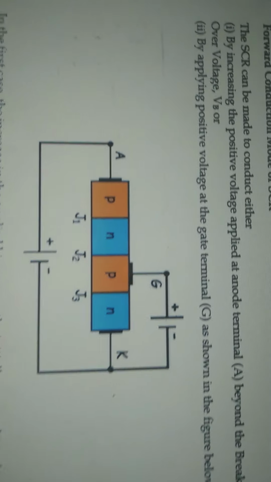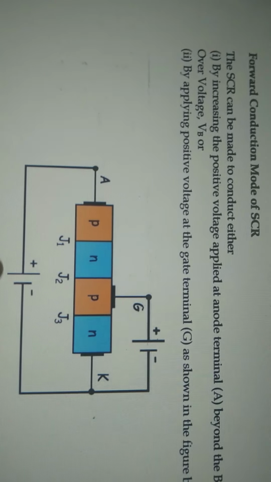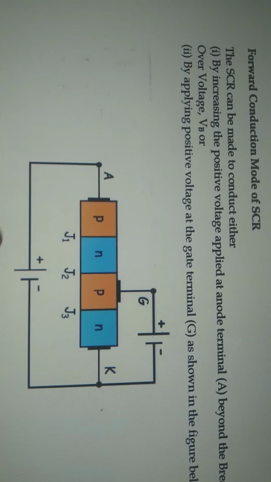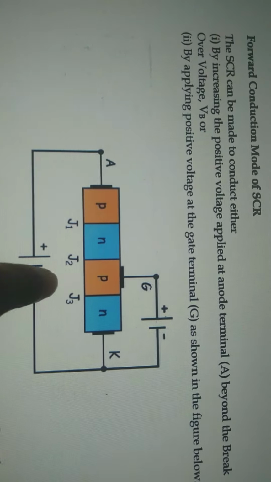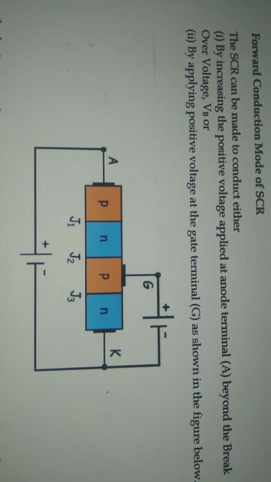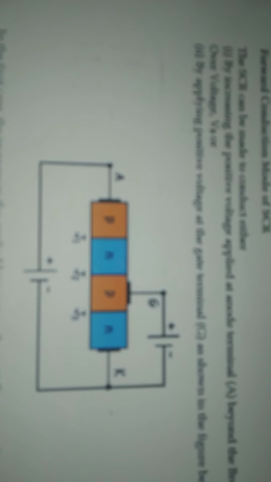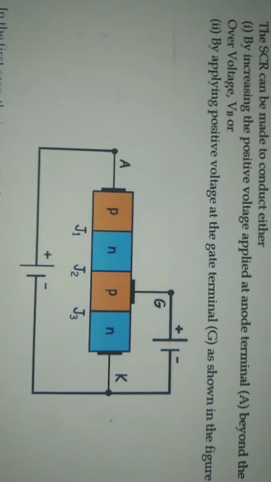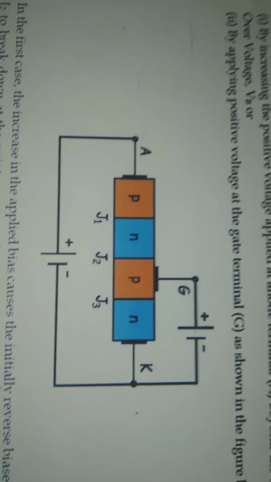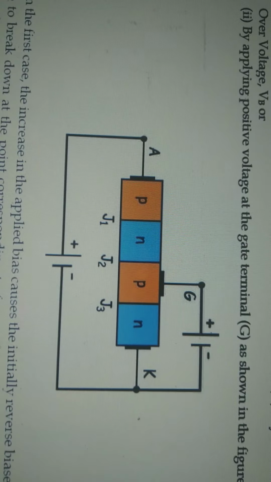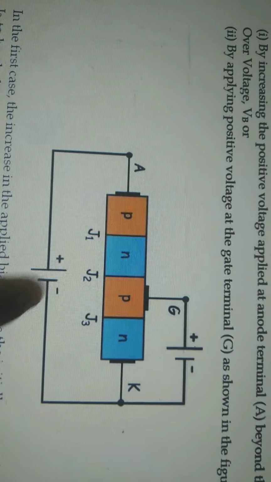Then what we are doing here is, we are giving the battery terminals like this, the same as in forward blocking mode of SCR, and we are connecting one more voltage to the gate and cathode terminals, and here we are increasing the voltage applied across the anode and cathode.